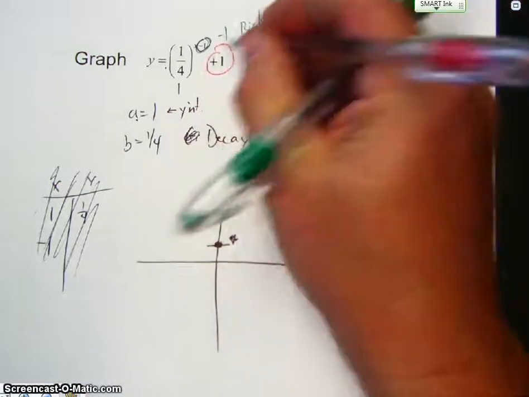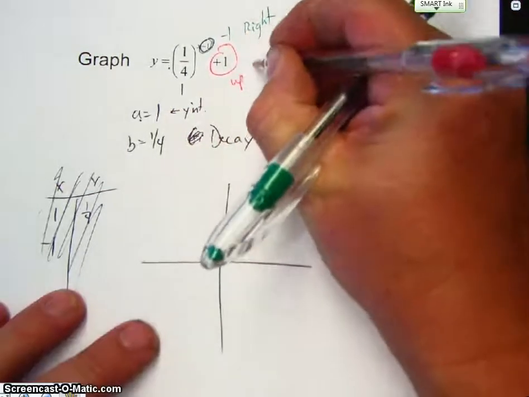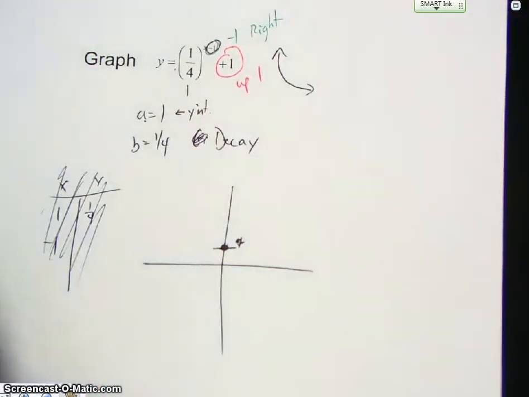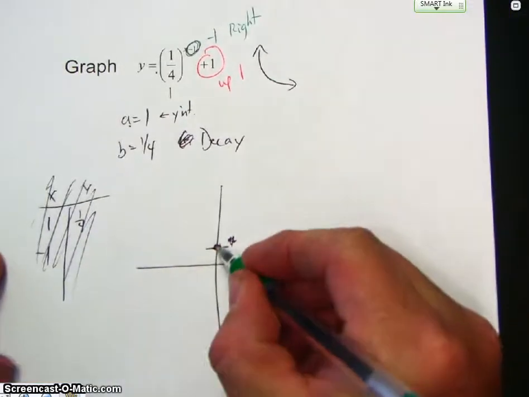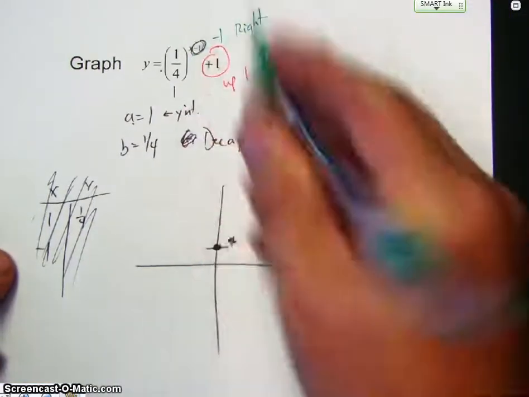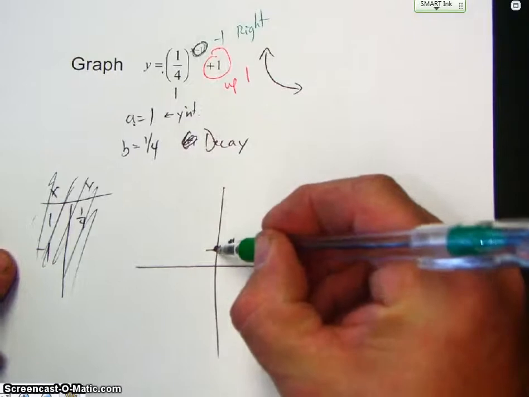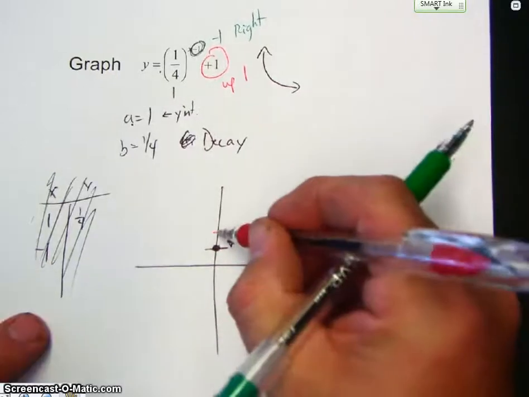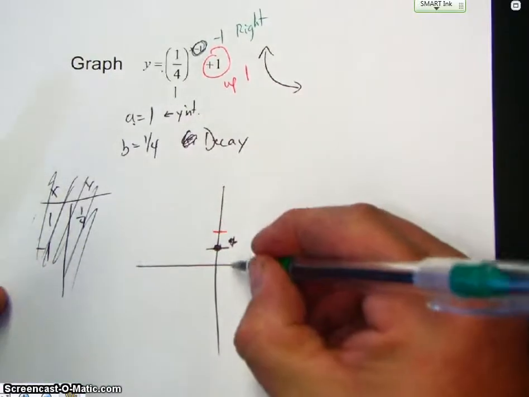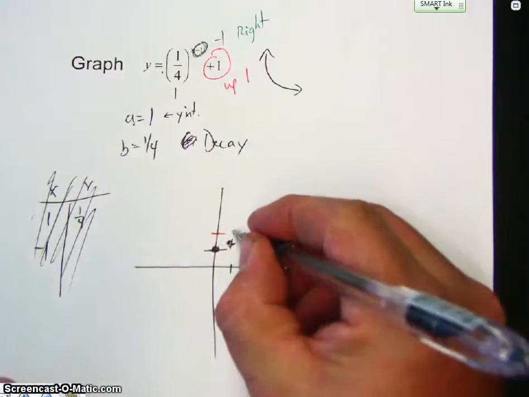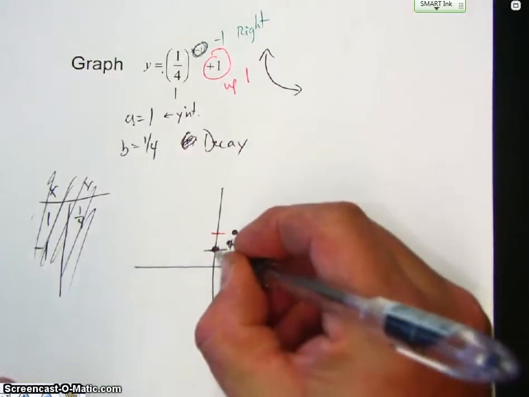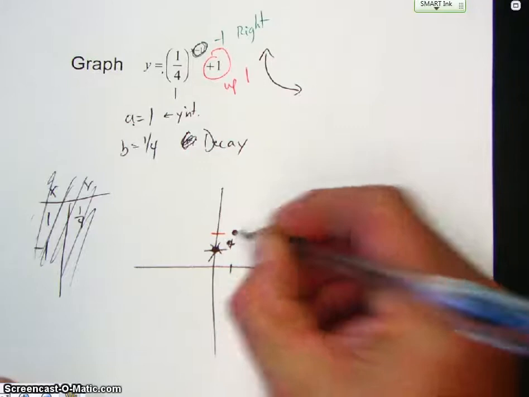And this right here, plus 1, means I'm going up 1. So I'm going to go from this point, where it originally was, up 1 and to the right 1. So this new point is what this used to be, right here now.